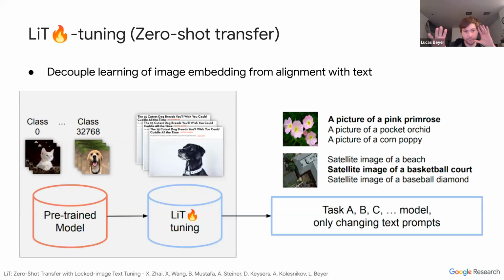We take this image model that we already have, we freeze it, and we take a new randomly initialized text model, and then we learn this text model only on image text pairs, like CLIP, basically. And this way we get a text model to go with this really strong image model, and it can be used to then create new classifiers, for example, just by spelling out the class names.